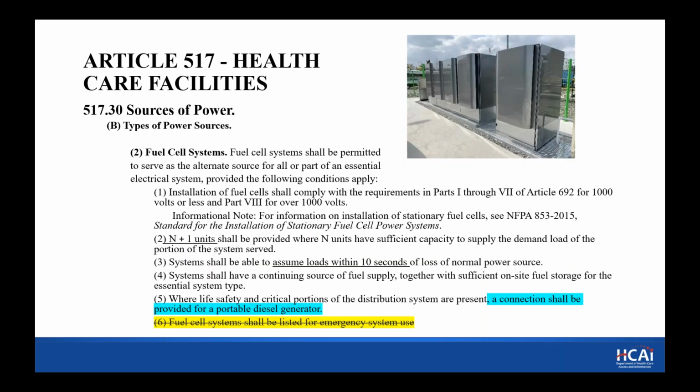In 517.30, we'll see that the fuel cell, which is an acceptable source of power for emergency power, has a requirement that if you are using the fuel cell as an emergency power source, a connection shall be made for a portable diesel generator to back up the life safety and critical systems. As the code evolves, they've removed the requirement that fuel cells need to be listed for emergency system use. They obviously do need to be listed.